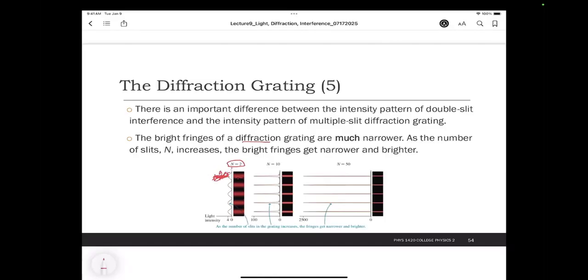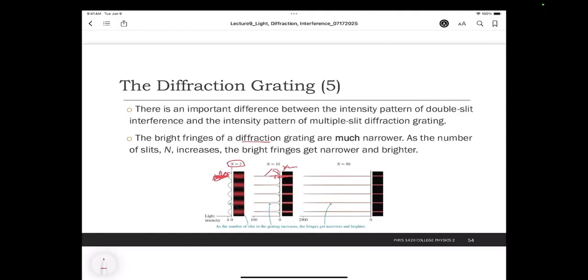But if there are 10, which means it has 10 different light sources, different light waves added together, so it's brighter, the intensity is bigger. But you can see there are 10 waves. They will cancel with each other.